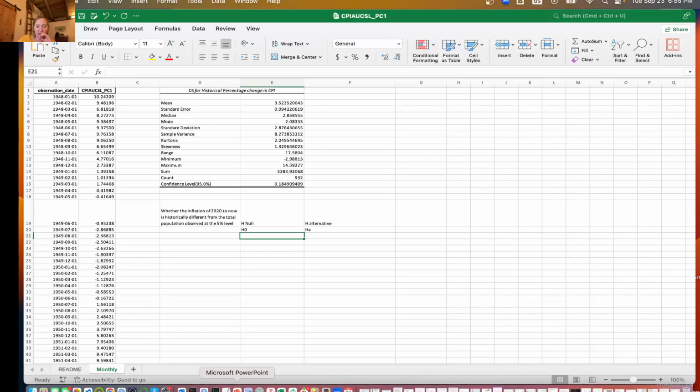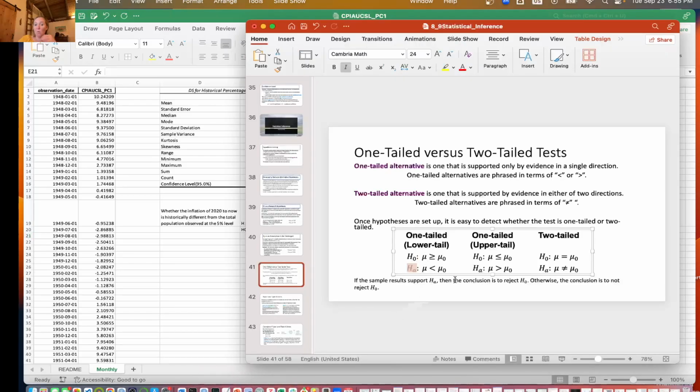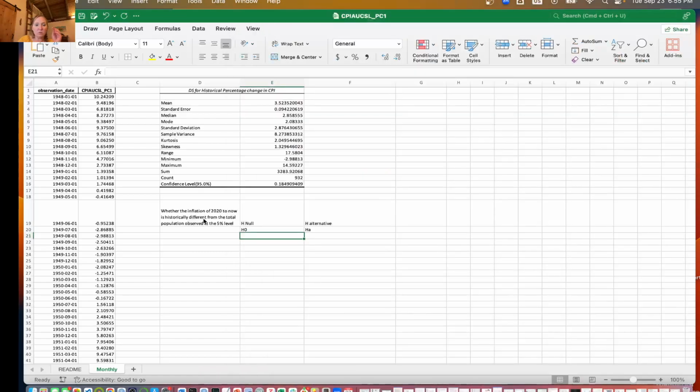And we're asking whether or not this subpopulation from 2020 to now, a total of 2020, 2021, 22, 23, 24, so 5 years times 12 plus 8 months, 68 months, is statistically different than what we observe over our entire period of information?